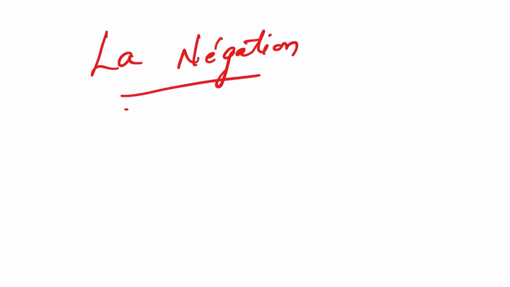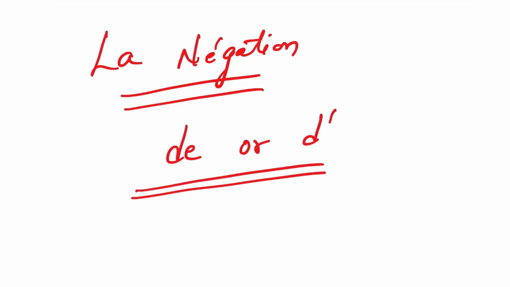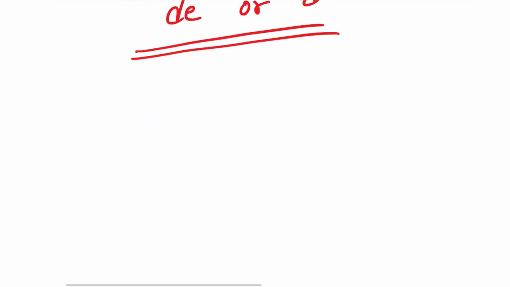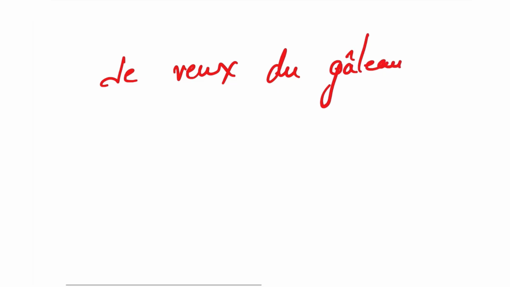Okay. Now let's do the negation as well with the partitive articles. La négation with partitive articles. Okay. The partitive articles will change into de or d'. Okay. Let's do 2 or 3 examples and it will be clear as well. Je veux du gâteau. I want some cake.